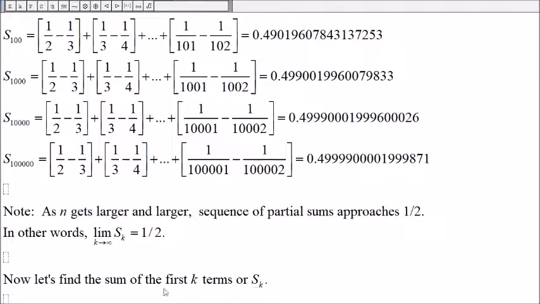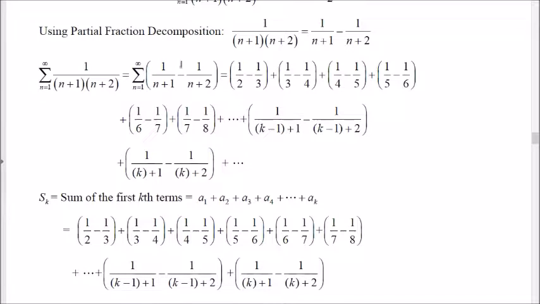And now let's find the sum of the first k terms, and then we can show that the limit of s of k, or the infinite series, converges to 1/2. We have used the partial fraction decomposition and shown that 1 over n plus 1 times n plus 2 is 1 over n plus 1 minus 1 over n plus 2.